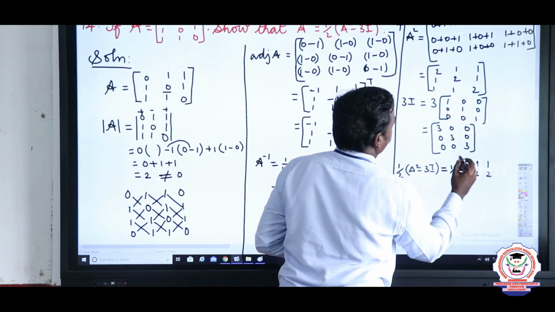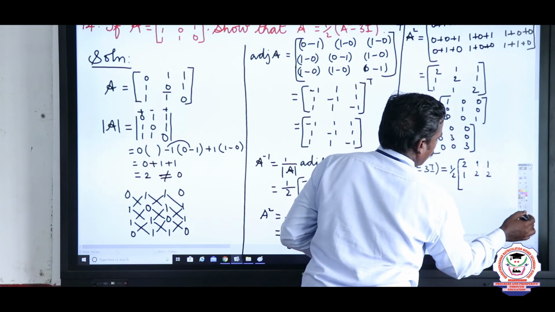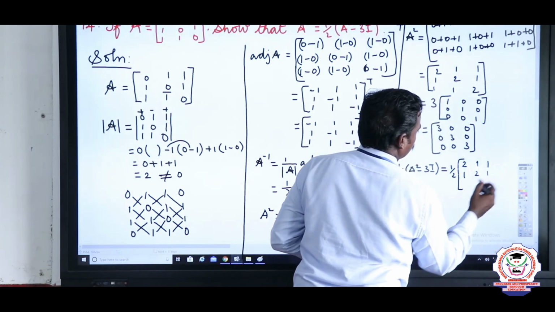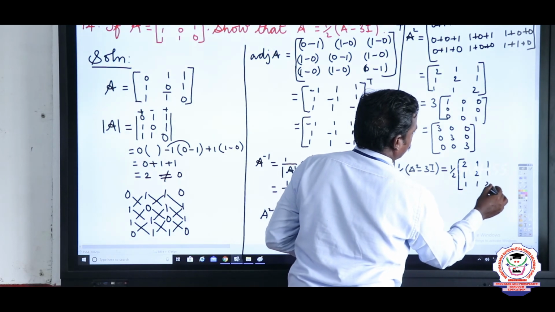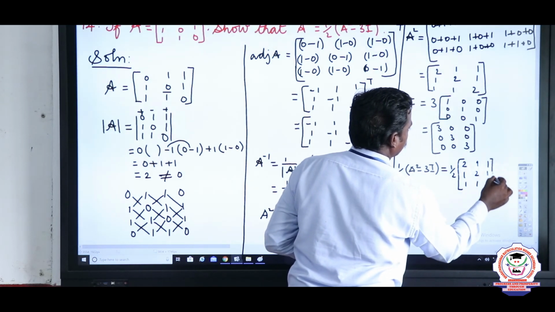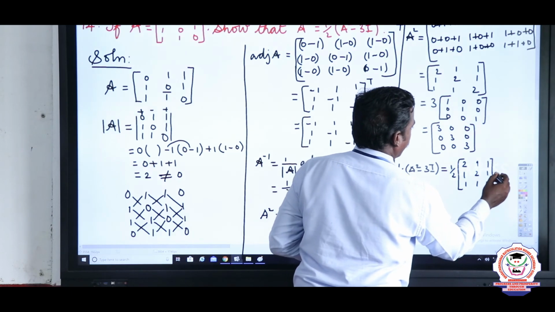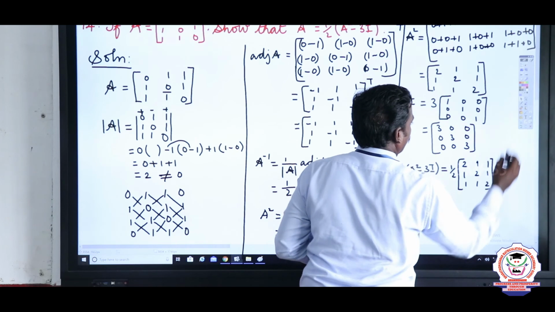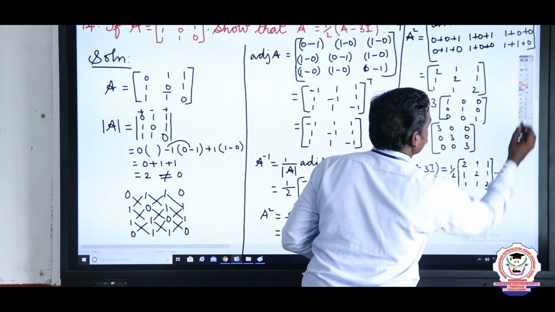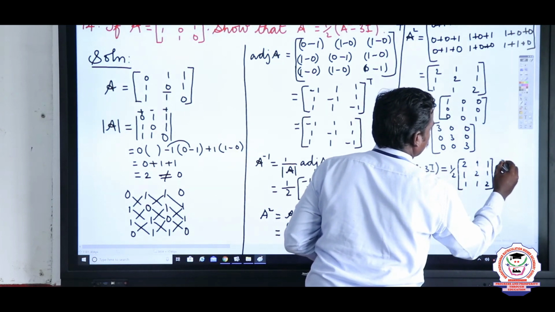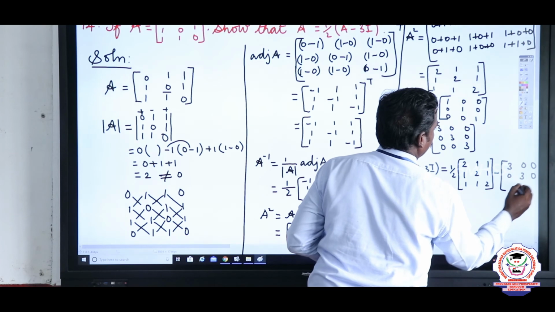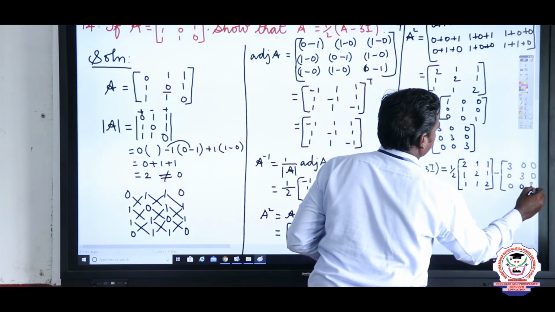Third row, sorry, the last row is 1, 1, 2. This is A square matrix minus 3i matrix is what? Minus 3i is 3, 0, 0, 0, 3, 0, 0, 0, 3.